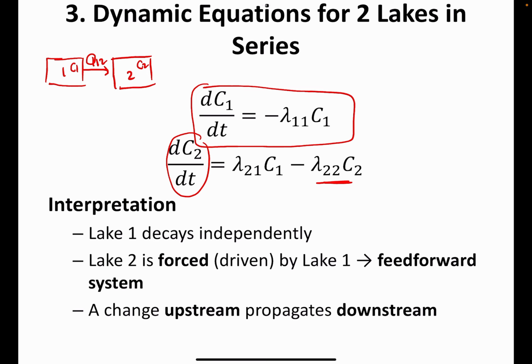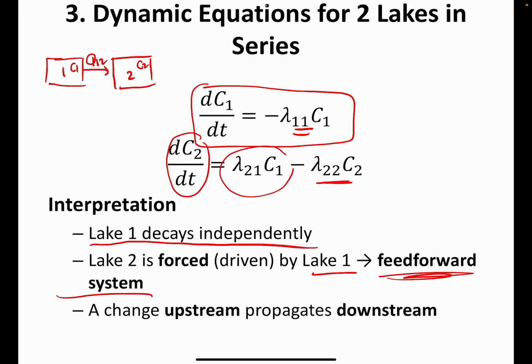The interpretation of all of this is that lake 1 decays independently. Lake 2 is forced or driven by lake 1, which is a feed-forward system, and that is the lambda 2,1 C1 minus lambda 2,2 C2 term.